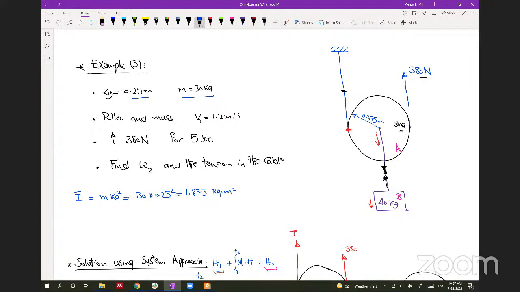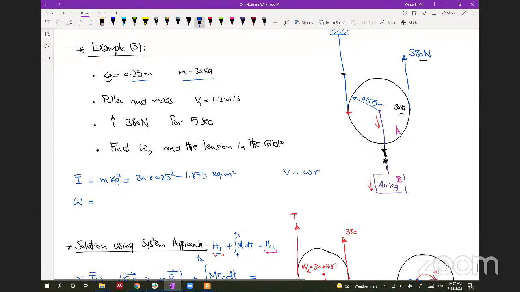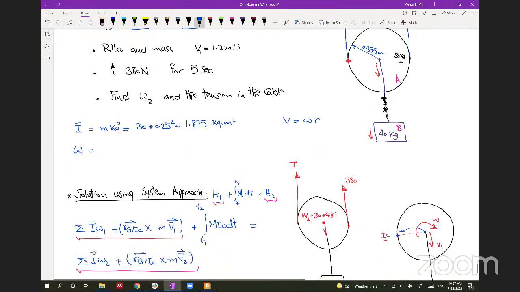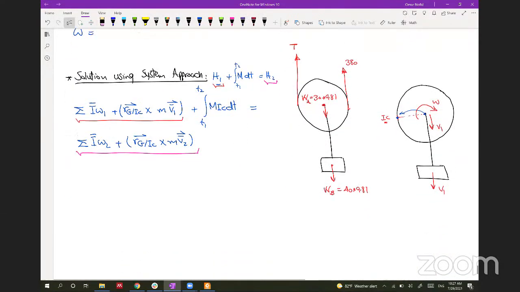And we can get omega in terms of the velocity. So we know that V is equal to omega multiplied by R if we know where is the instantaneous center of zero velocity. So let's do it here.